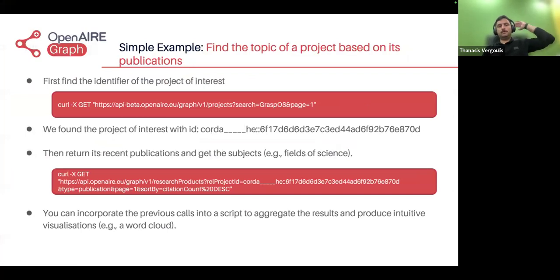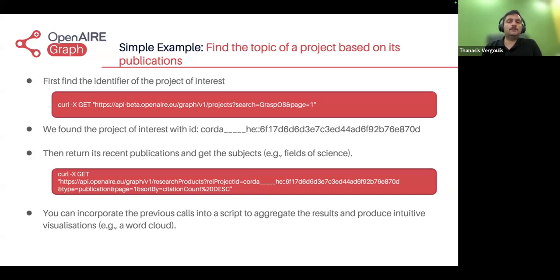Okay, let me go back to the presentation. We can do something similar for projects. I will not run it right now, just for the interest of time. But in general, we run a query to get back the projects, to get back the identifier of the project.